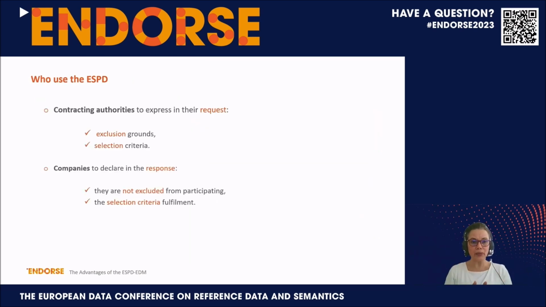So contracting authorities can use this form in their request to express all of their exclusion grounds and all of the selection criteria. And the companies can use it to declare in their response to the tender that they are not excluded from participating and that they fulfill the selection criteria.